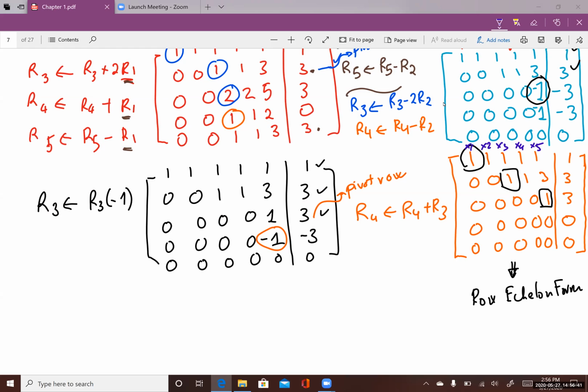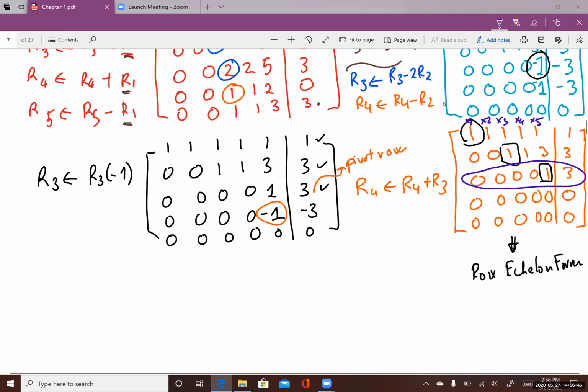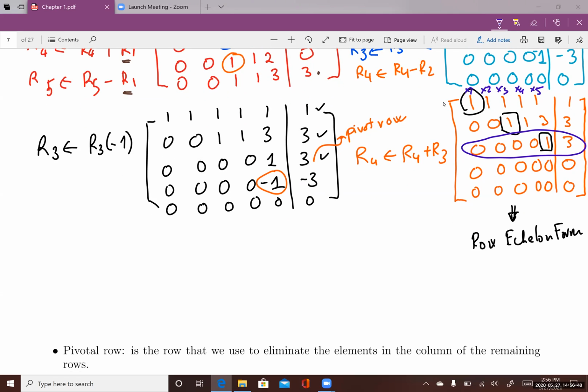If I look at the rows here, I can translate this matrix back into a system of linear equations. So I will have x1 plus x2 plus x3 plus x4 plus x5 equals 1.